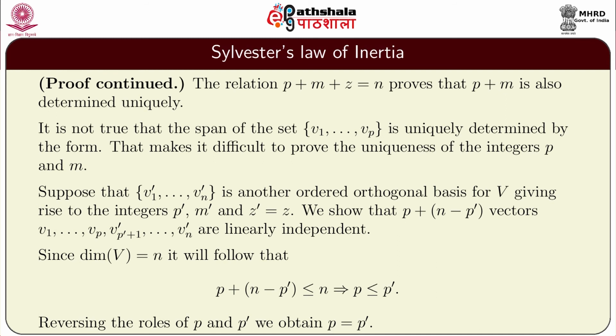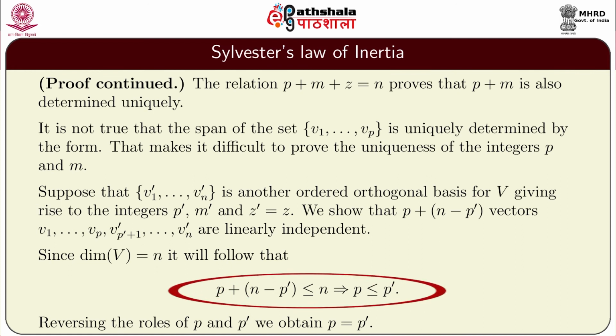We can see that there are precisely p plus n minus p dash of them, and if we can prove that they are linearly independent, then it would follow that p plus n minus p dash is less than or equal to n, because n is the dimension of the vector space V, and therefore the maximum number of vectors which are linearly independent in V can be n.